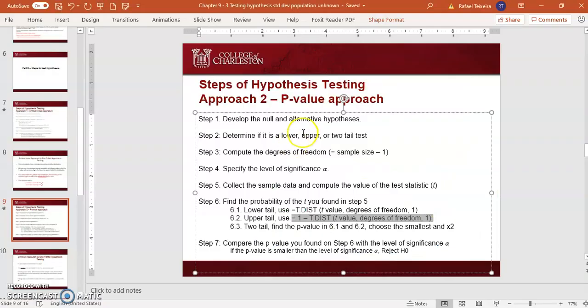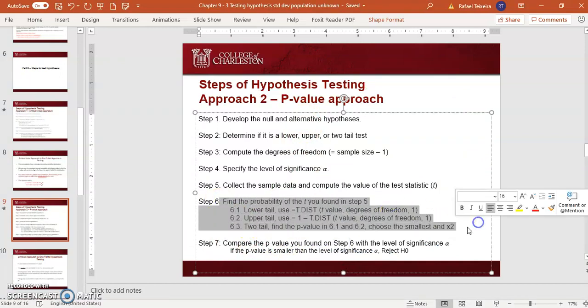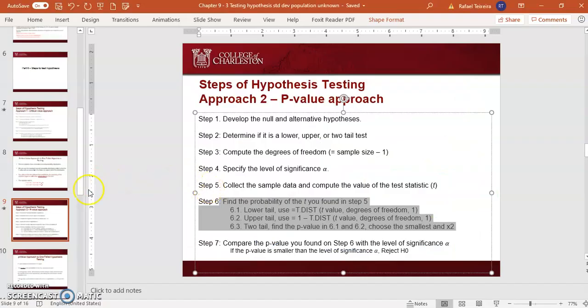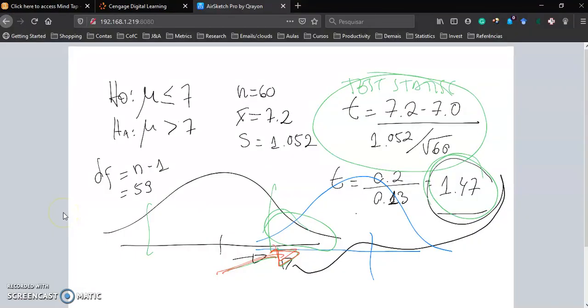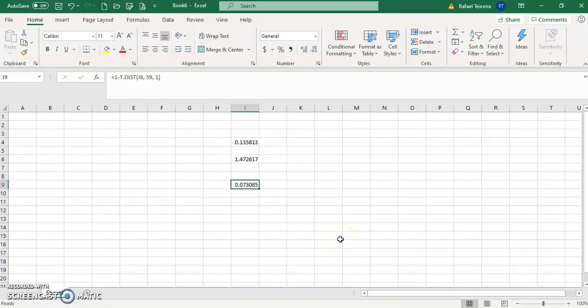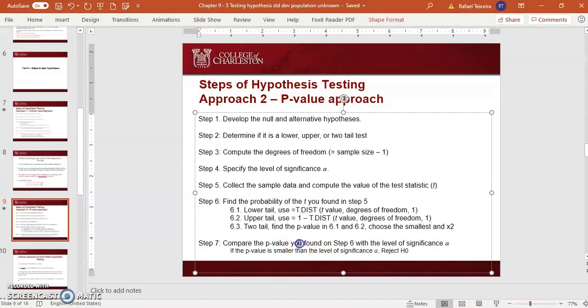So in this case, we got the p-value. Compare the p-value you found in this step with the level of significance. We don't have a level of significance because I'm not using the full problem. But let's say the level of significance is 0.01, the typical 0.01. So if I come here, I have 0.07. 0.01 is my level of significance. Let's go back here. Compare.